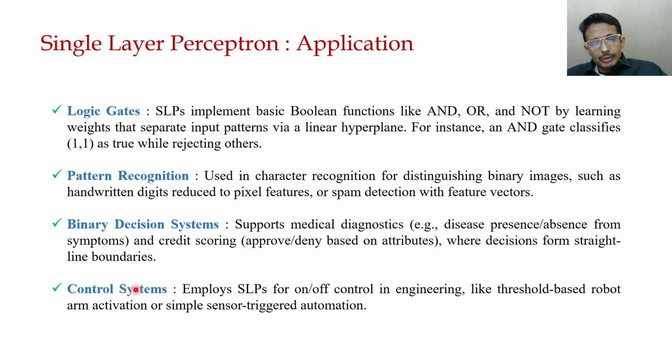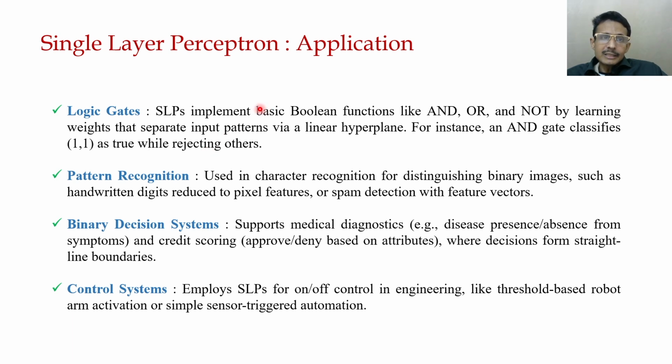Or some control system that employs SLP for on-off control in engineering, like threshold based robot arm activation or simple sensor based trigger automation. The major thing is that the decision boundary is a straight line or a linear hyperplane: a straight line for the two-dimensional case, a linear hyperplane for the higher dimensional case.